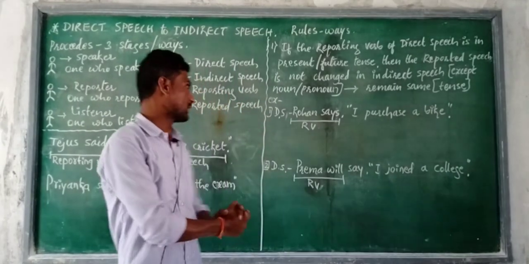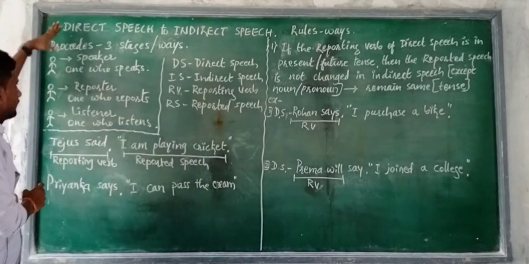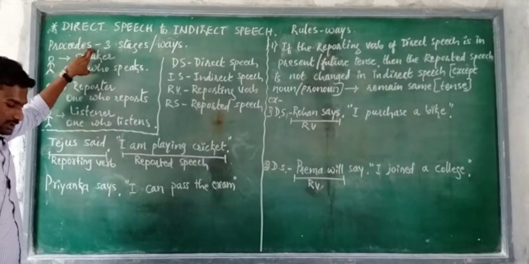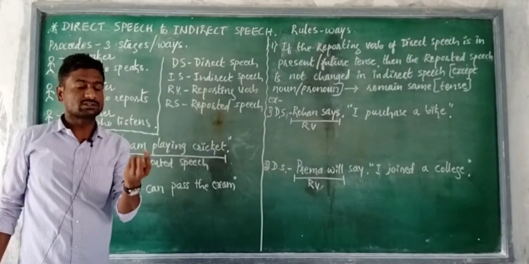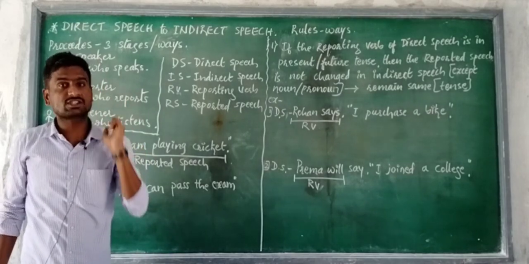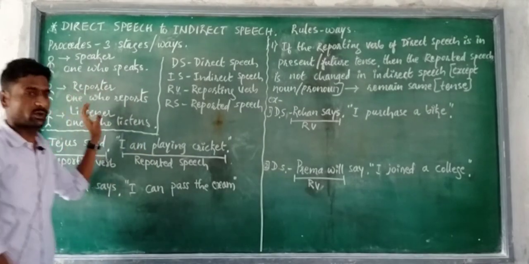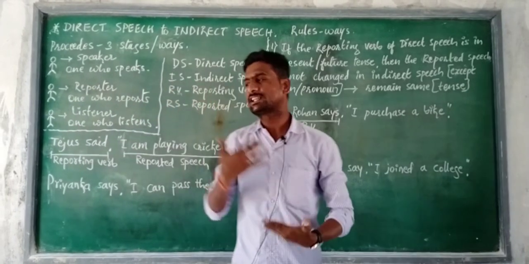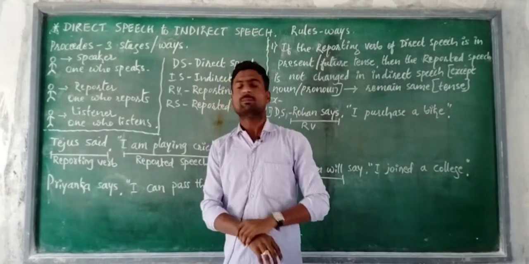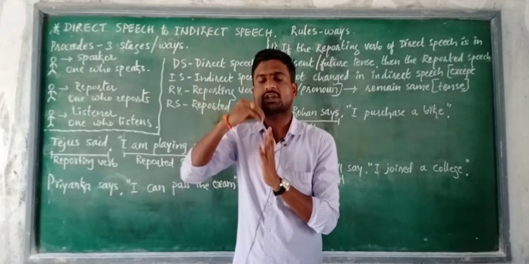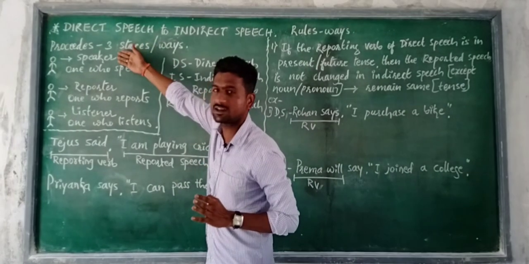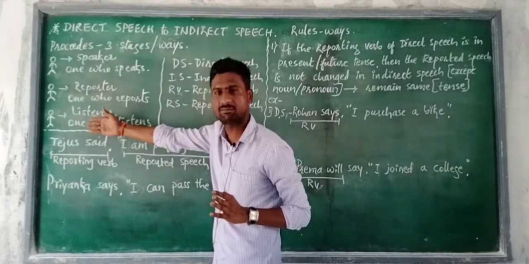The speaker here is the original speaker of the original words. And the reporter, the duty of the reporter is to mention or put out the original words of the original speaker before others.